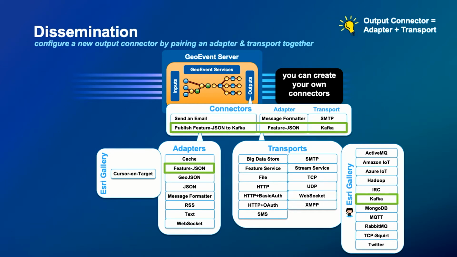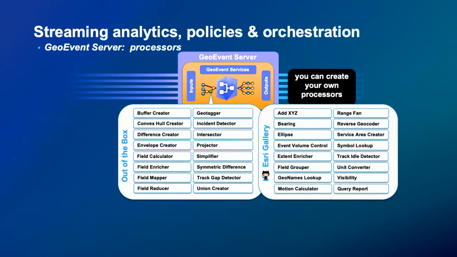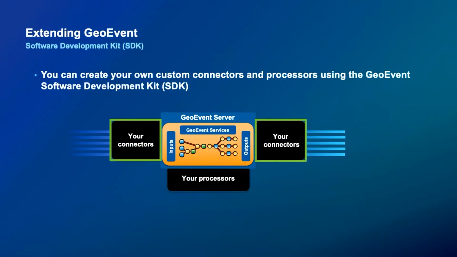This slide also lists all the available outbound adapters and outbound transports that are out of the box and from the galleries. Then when the data is acquired, we can apply real-time analytics to the data, which allows you to filter and process the data. Kwesi will get into the details of processors in the second half of this presentation.